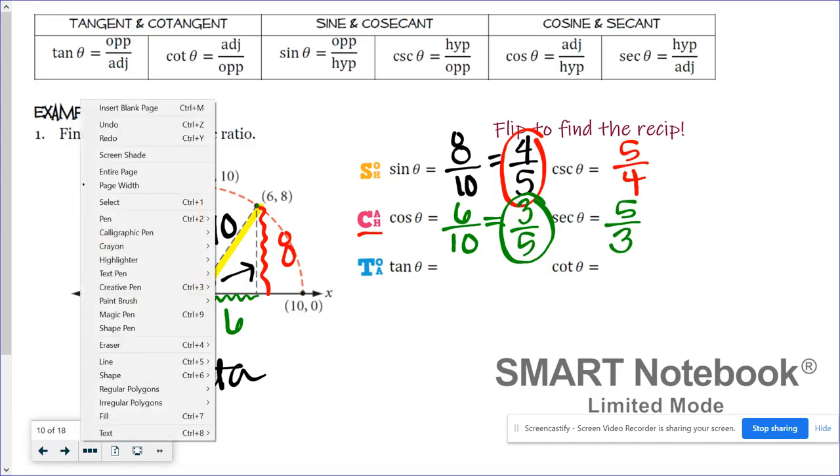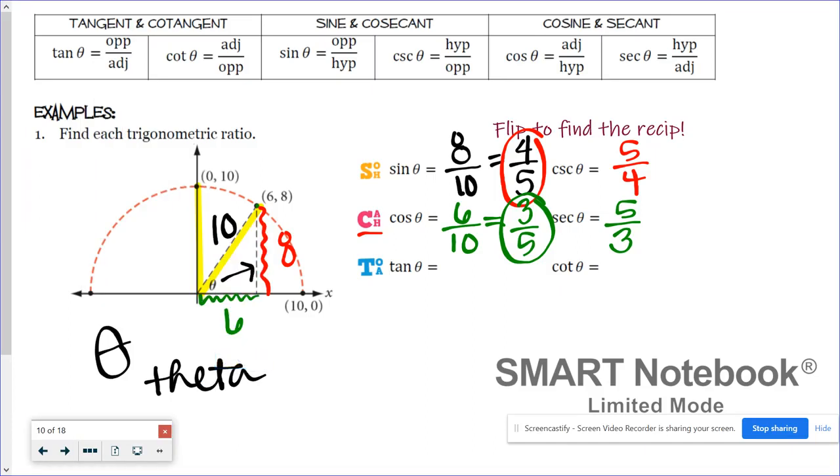And that leaves us with tangent. Tangent, TOA, is the opposite over the adjacent. Opposite theta is 8. Adjacent to theta is 6. So then I reduce this, and I get 4/3.